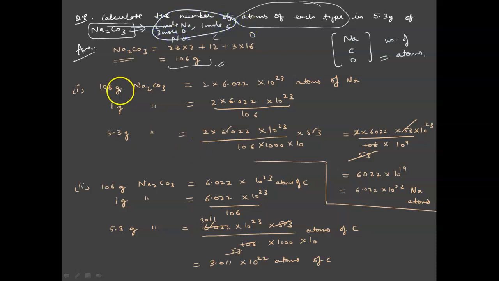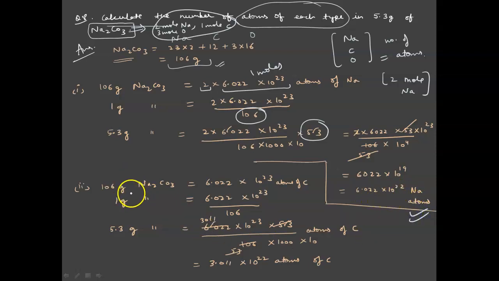So using this, 106 gram Na2CO3 gives 2 into 6.022 into 10 to the power 23, because in the formula we have 2 mole Na. So 106 gram in the denominator, and 5.3 gram goes into the multiplication. After solving, we got 6.022 into 10 to the power 22 Na atoms.